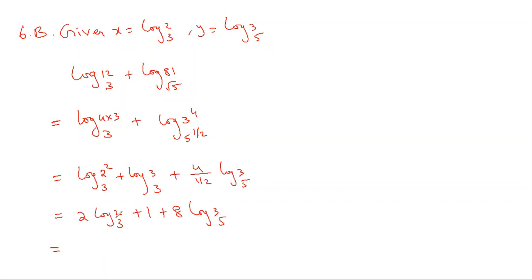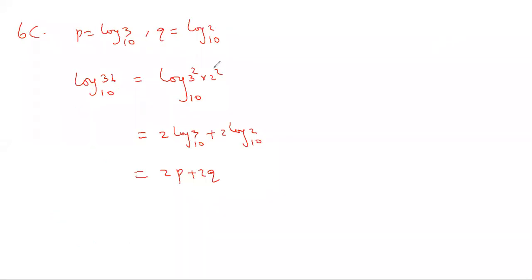Now, except the log 2 base 3 and log 3 base 5, everything else is numbers. Now we can substitute that. So this is 2x plus 1 plus 8y. Maybe 2x plus 8y plus 1 you can write.